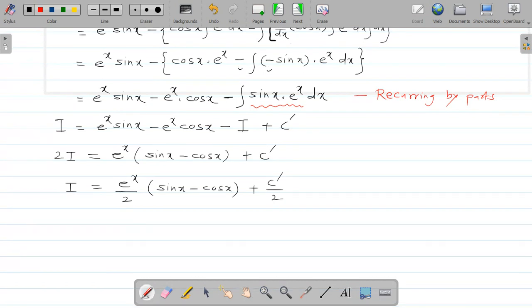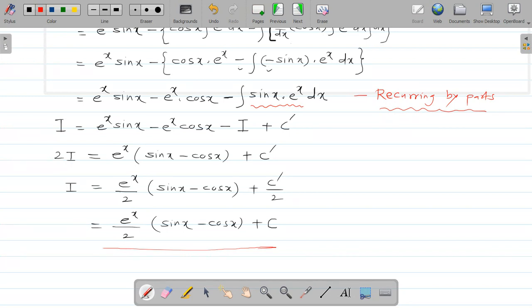Hence the final answer is e raised to x upon 2 into bracket sin x minus cos x plus c, where in place of c dash upon 2 you write c. So this is the final answer. This is called recurring by parts, since the function is repeating after using the rule of integration by parts.